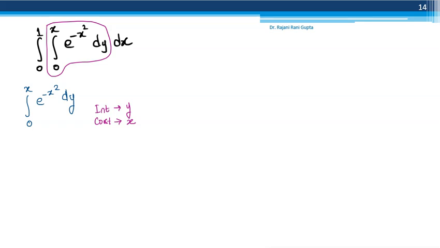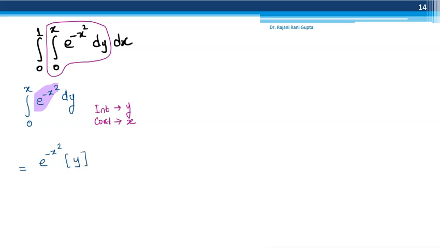You don't see any y. There is no y. So what will be the integral? E power minus x squared times y.